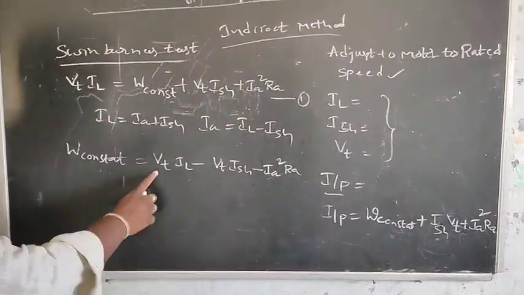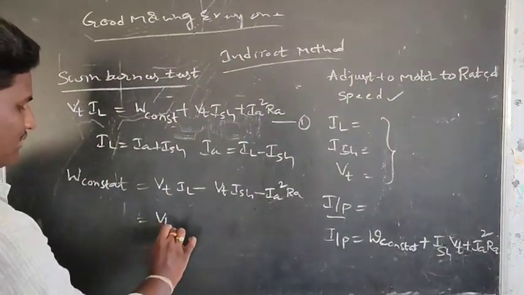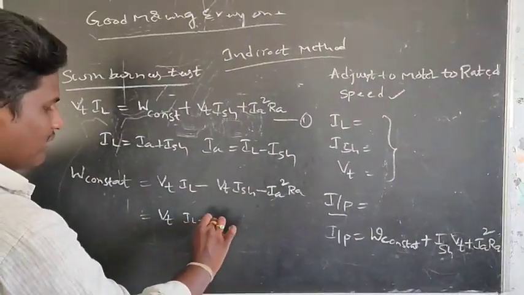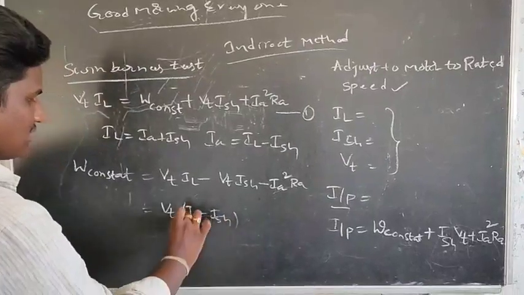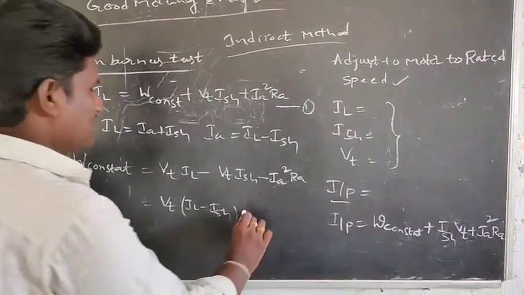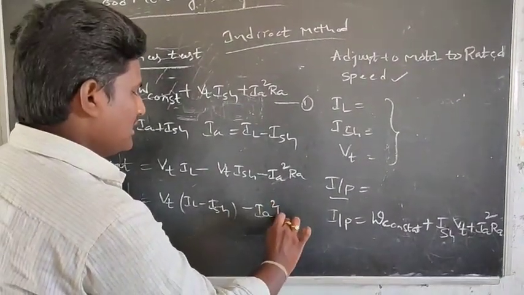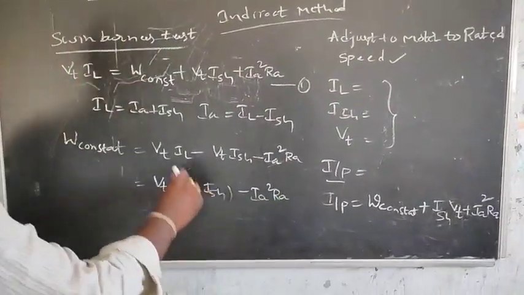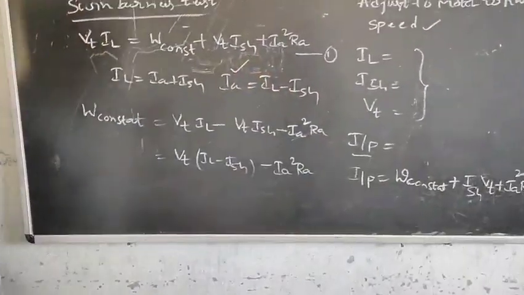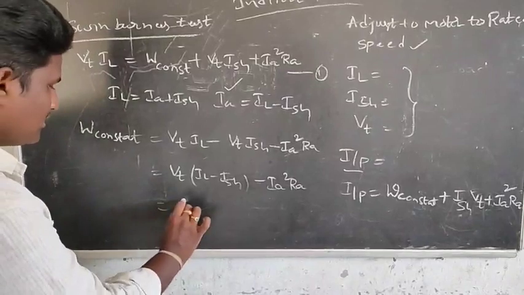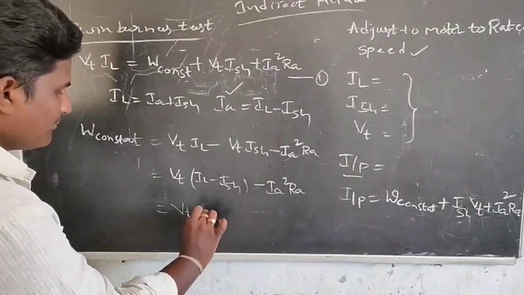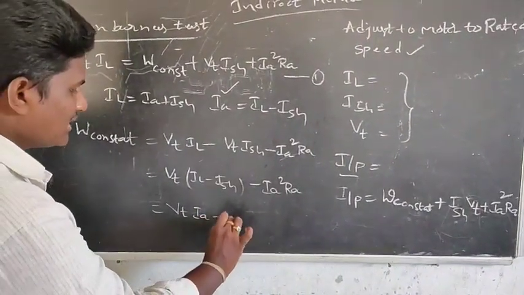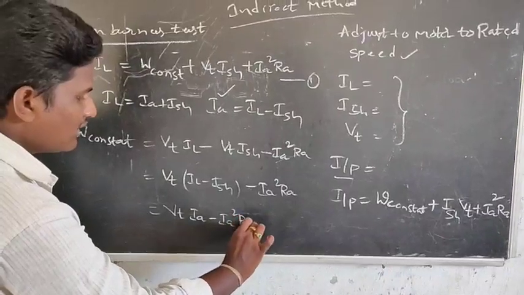Taking VT common, VT into IL minus ISH minus IA square RA. IL minus ISH is IA, so W constant equals VT IA minus IA square RA.